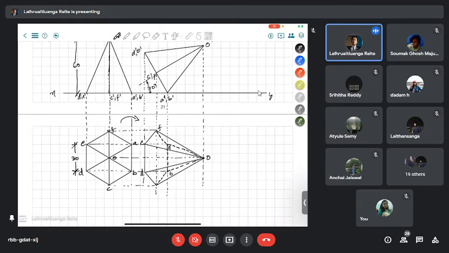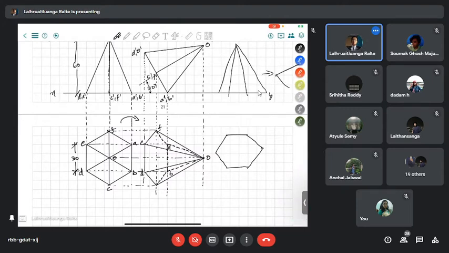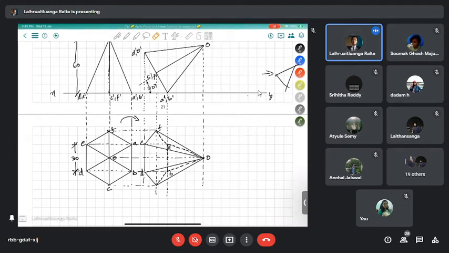So more or less we'll have our hexagon oriented in this direction first. Then our front view is going to look something like this, we will rotate it, and then eventually we will get the true top view of this. All right, so always read the question carefully.